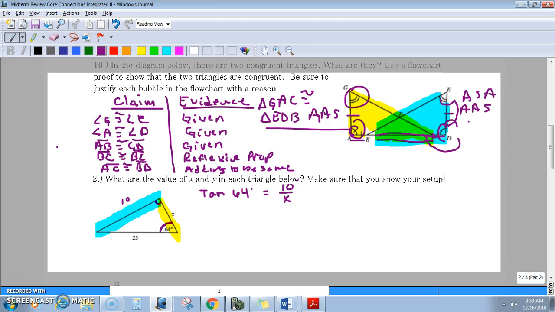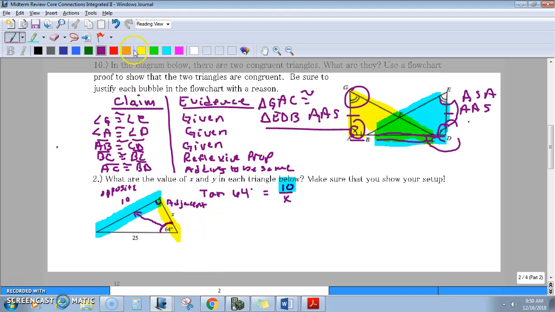But that is just the blue side, or what we call the side opposite, because it's across from 64, over the run, which we actually call the adjacent side.